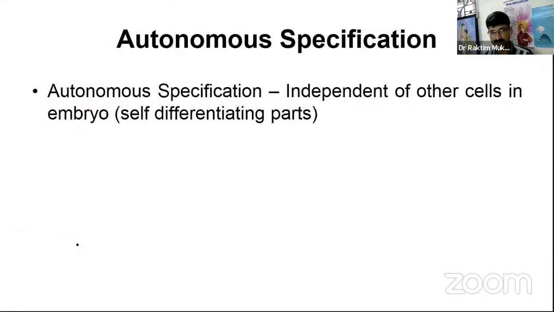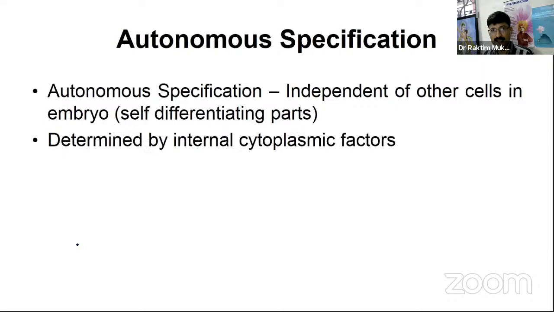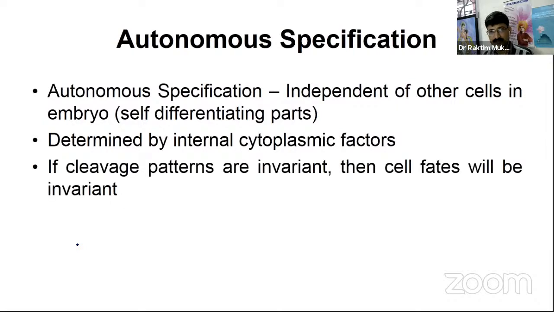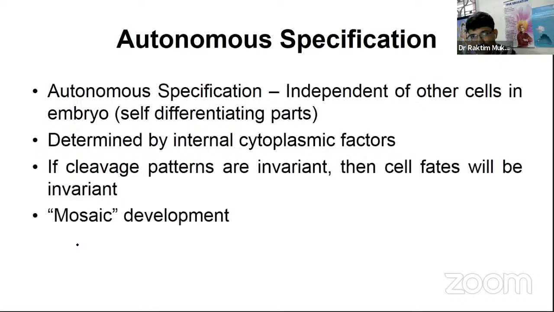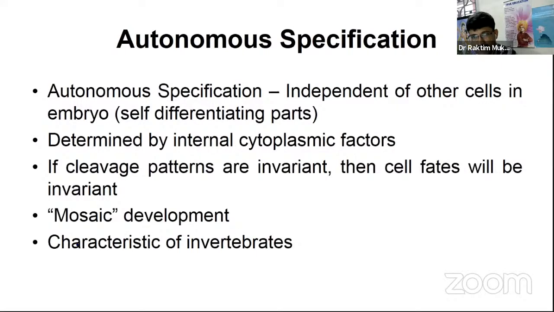It is determined by internal cytoplasmic factors. If cleavage patterns are invariant, then the cell fate would be invariant. It involves mosaic development and is characteristic of invertebrates. These are some of the keywords to solve the answers.